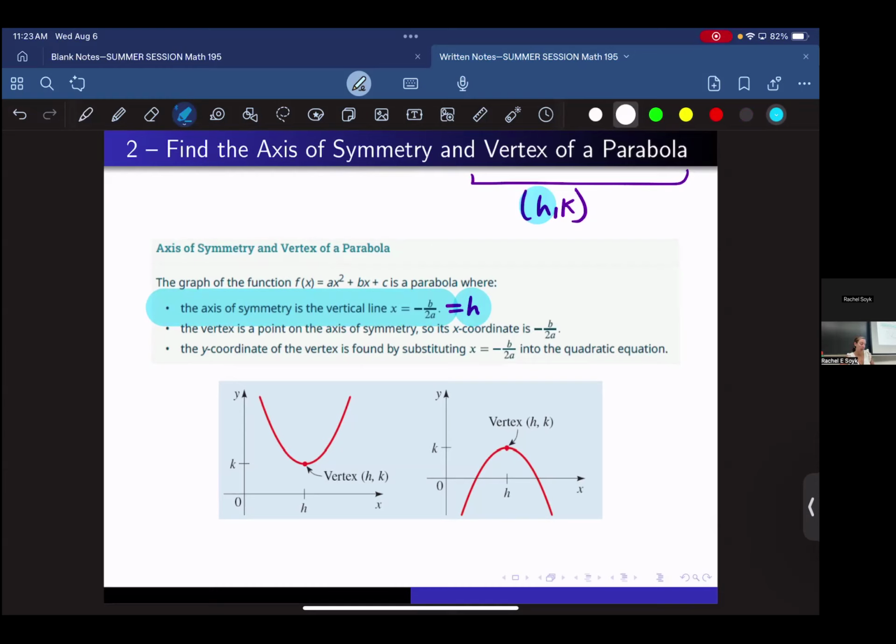How do we find our k value? We plug this h value back into your function to spit out that k. Again, a vertex can be either the minimum or the maximum. It's just that dip or that peak, where your parabola changes from decreasing to increasing or vice versa.